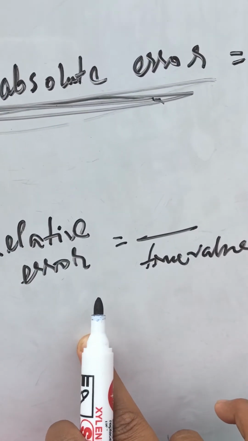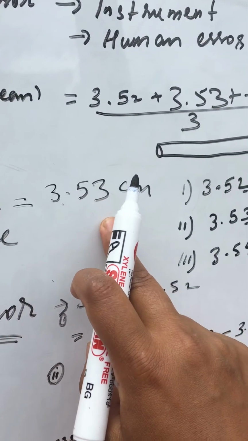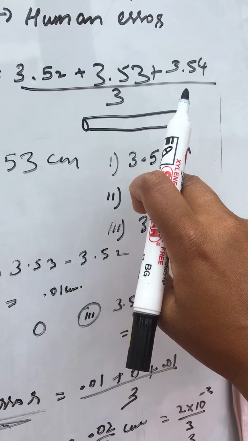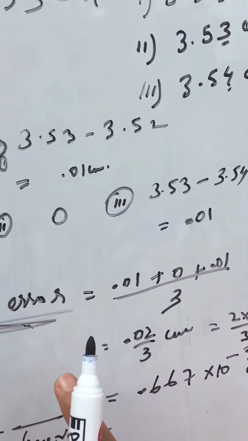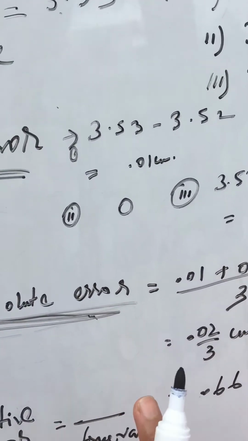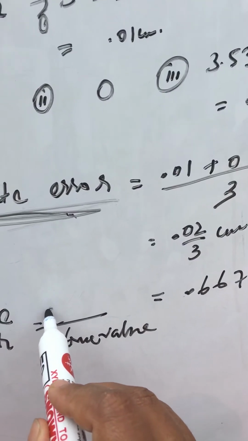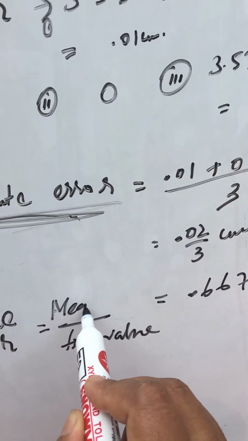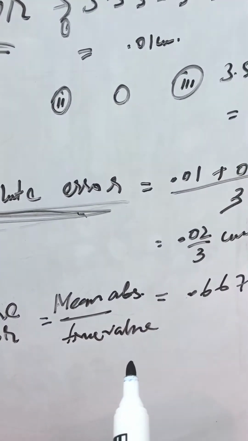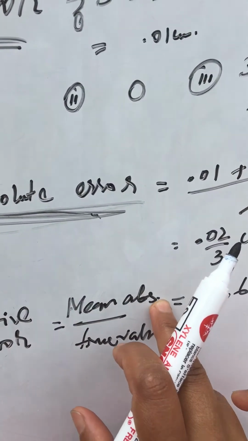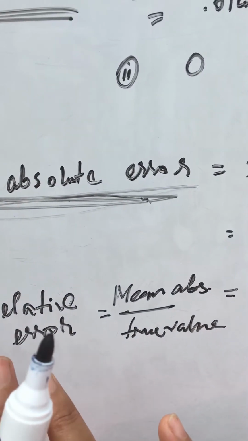In this case, the true value is 3.53, and the absolute error is this one, the mean absolute error. When the absolute error is compared with the true value, it becomes the relative error. You need to remember it.